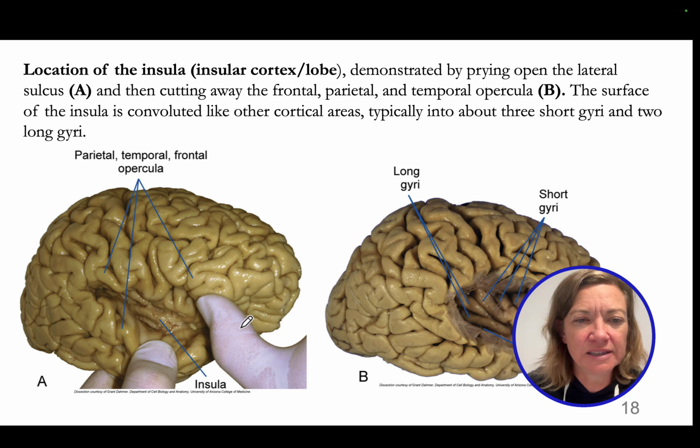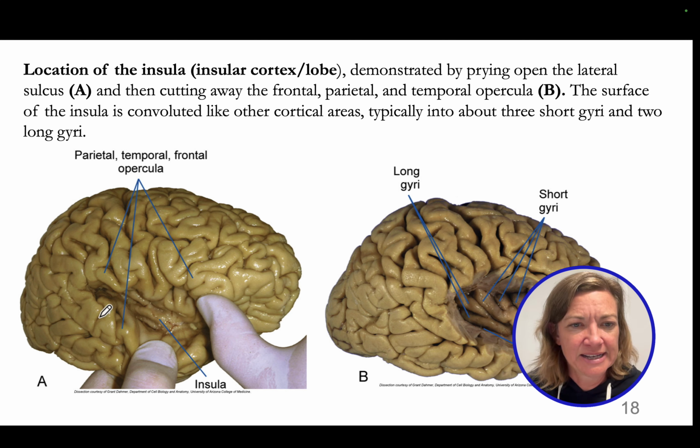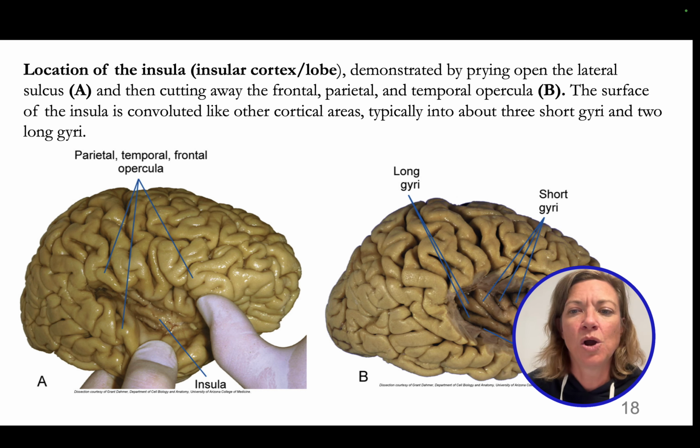Now, another elusive bit of brain is the insula, or the insular cortex, which is sometimes called its own lobe. You demonstrate the insula by prying open the lateral sulcus, which is what's happening here in A, and then cutting away a bit of the frontal, parietal, and temporal opercula, the parts that cover the edges of the lateral sulcus.